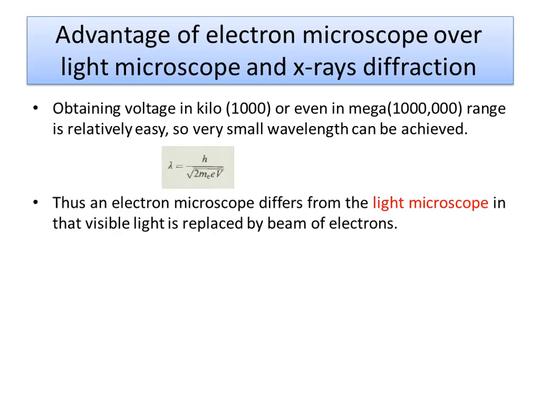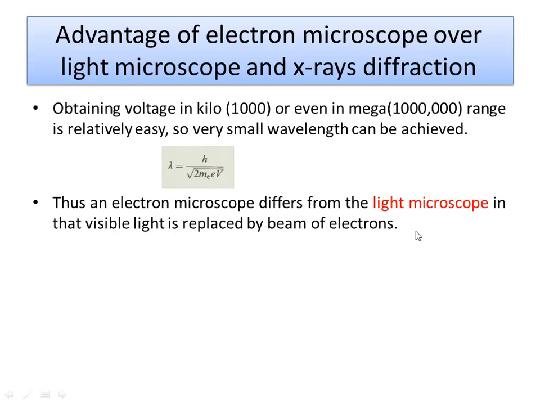So an electron microscope differs from the light microscope, which works in the visible region. You can use this light to see the object, like I am using visible light to see you and other objects. So in the electron microscope, visible light is replaced by a beam of electrons. This is the difference.